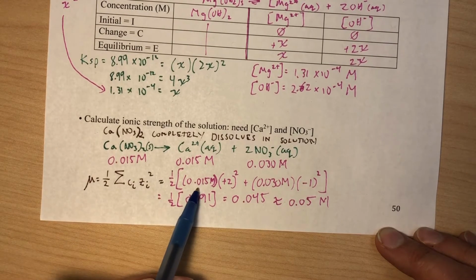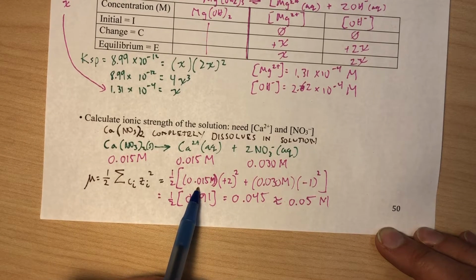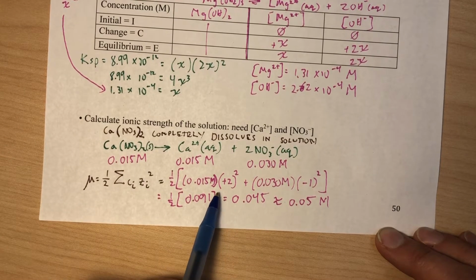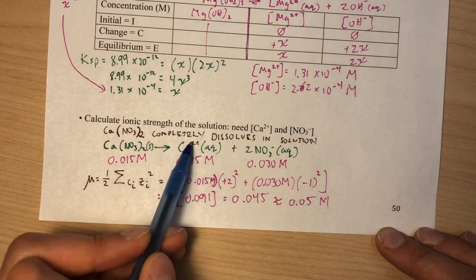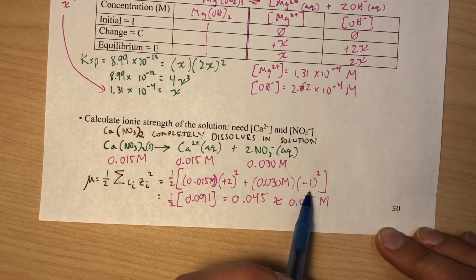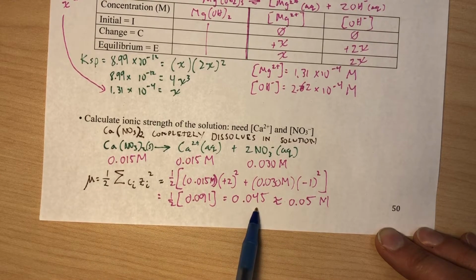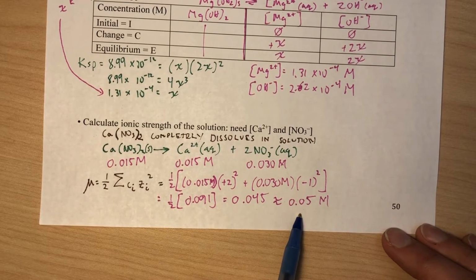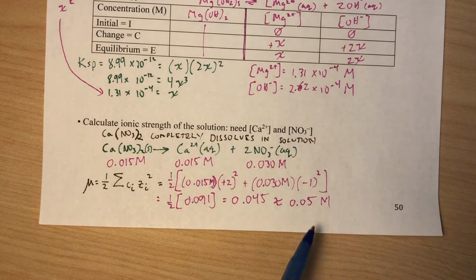So we have 1/2 times our component for calcium, which is 0.015 molar times plus 2 squared, given that we have a plus 2 charge, plus 0.030 molarity times the square of -1. So this all comes out to be about 0.045, which we're going to have to round up to 0.05 for one of our ionic strength headings.